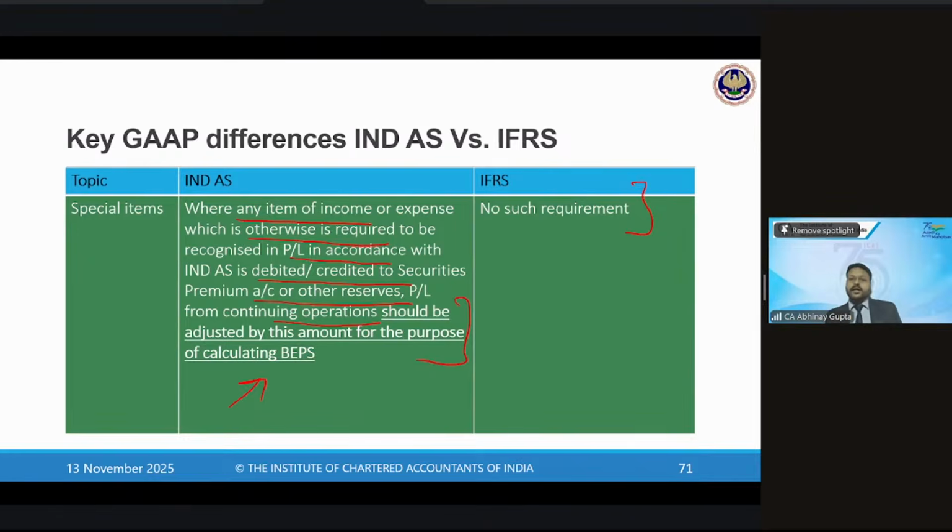We cannot take an exception to that. But still, just to be doubly safe, Ind AS 33 says in case there is anything which otherwise needs to be recorded in the P&L is not recorded in the P&L but debited or credited in some reserves, then this needs to be considered or adjusted for the purpose of calculation of earning per share, right? Although you will not find any such situation.